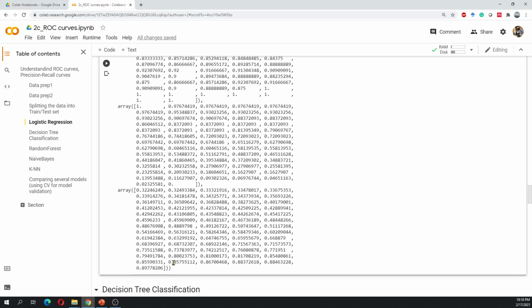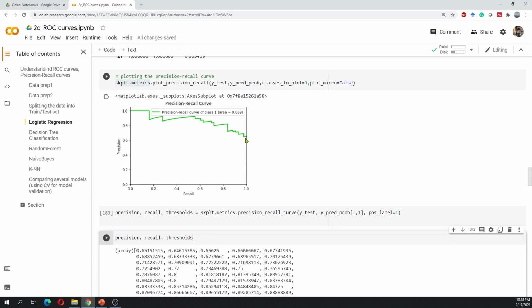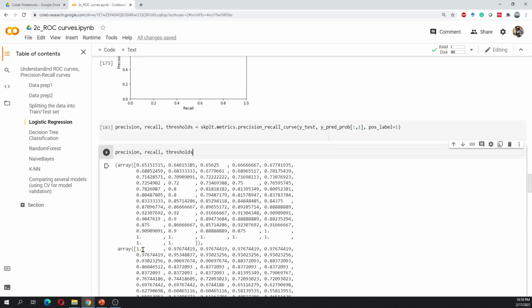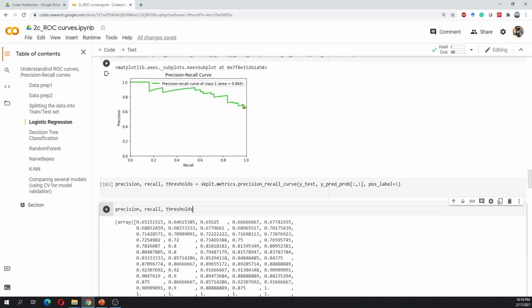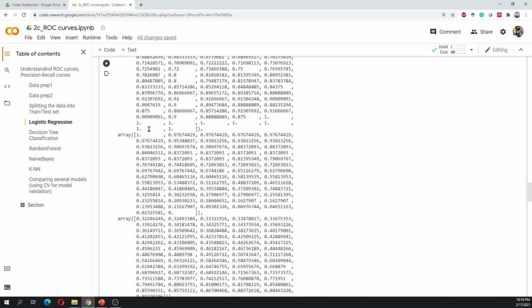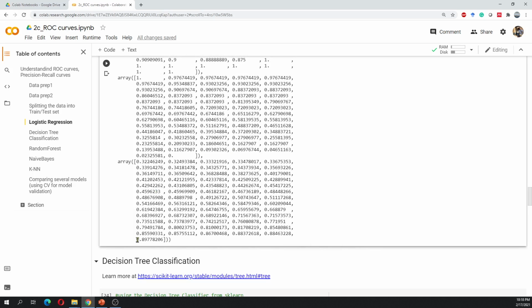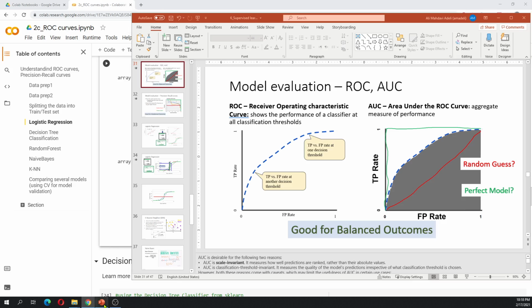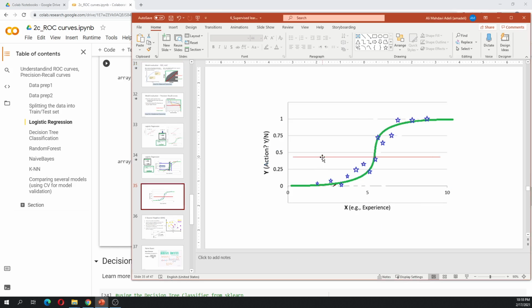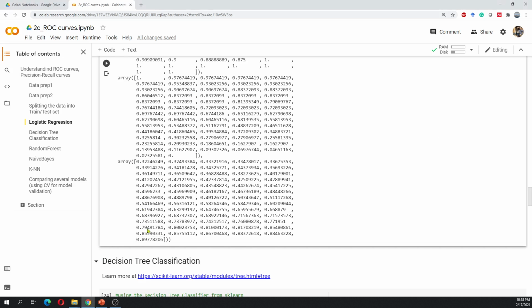So let's start with, say, from the end. The first value is showing us recall of 1, so it's this last point, and that is at a threshold of 0.89. So that means when it sets the threshold here at 0.89, this is what the precision and recall are going to be.